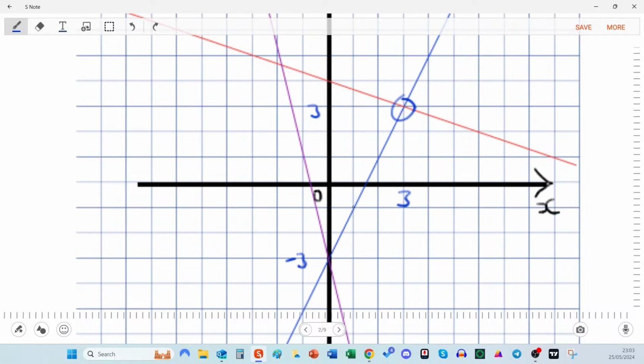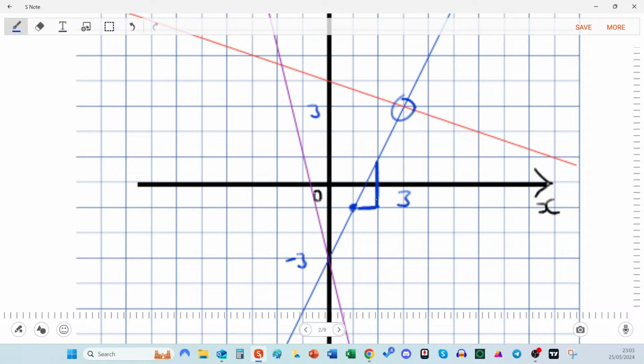So I'm going to pick a point that is on a nice whole number, like here. There's my picked point. And if I go across 1, my question is, how has the blue line changed if I now go straight to it? It looks as though it's gone up 2. You can see maybe if we went across 1, it could have gone down.